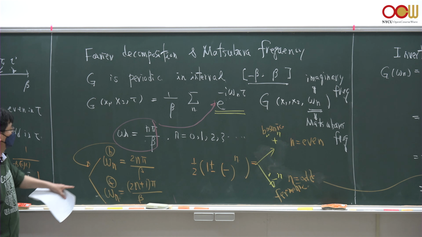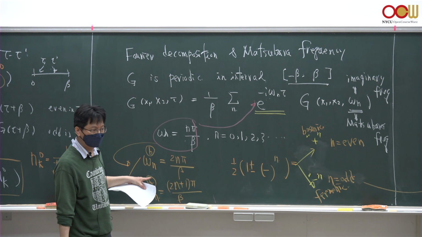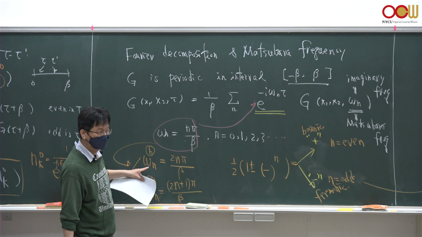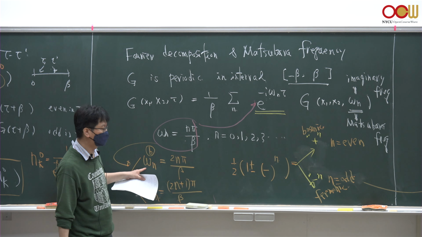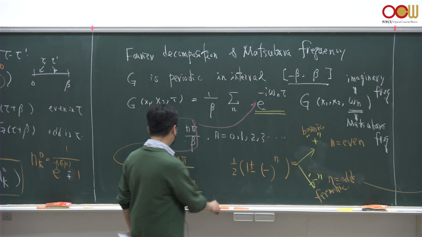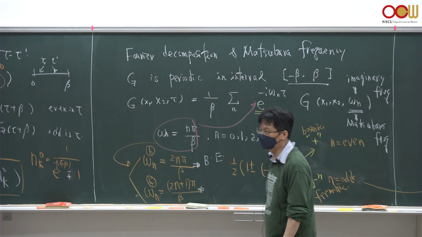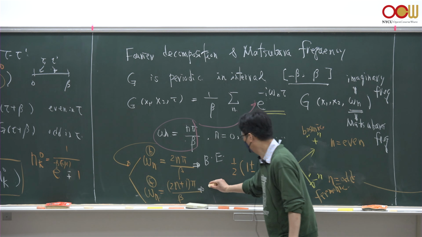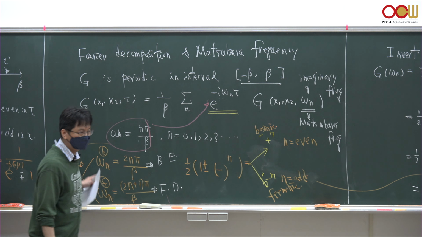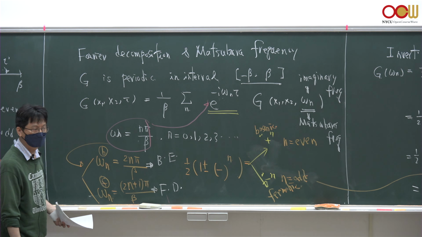Later, we will understand the relation between these bosonic and fermionic Matsubara frequencies and their statistics. Namely, for bosons, because the Matsubara frequencies are even integer multiples of pi over beta, it leads to the Bose-Einstein distribution. And for fermions, because these are odd integer multiples of pi over beta, it leads to Fermi-Dirac. So there is a one-to-one correspondence between this even-odd nature of the Matsubara frequencies and the statistics of bosons and fermions.